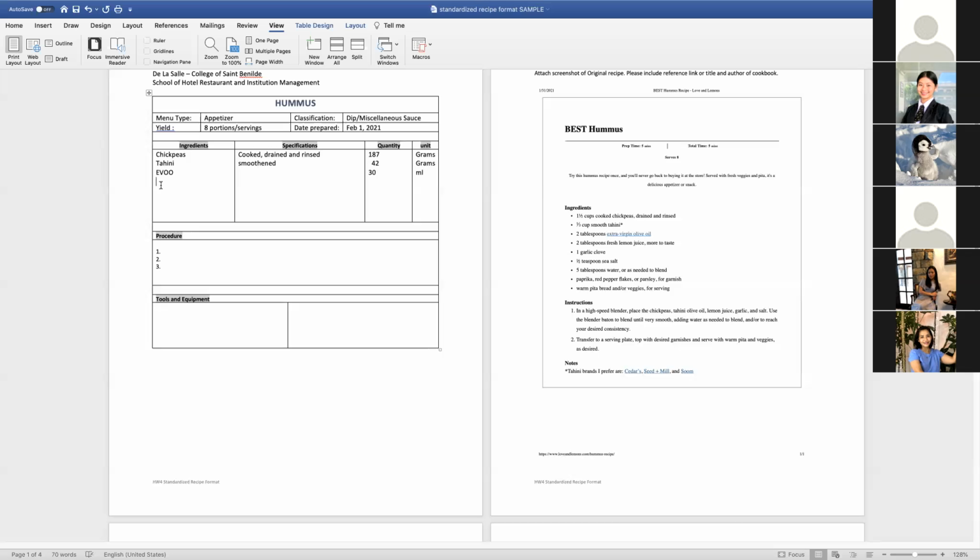Okay, let's move on. Lemon juice. You could put here, since it says they're fresh, freshly squeezed. What is the quantity given there? It's 2 tablespoons.